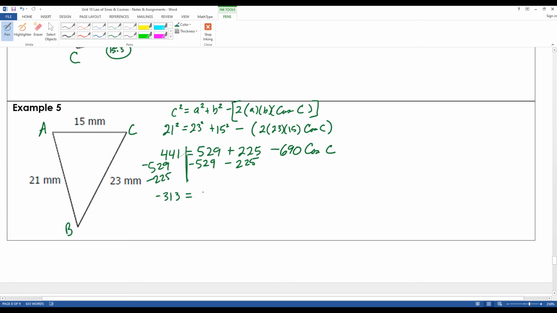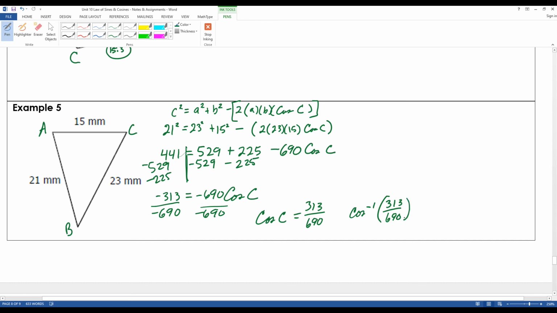And that's going to equal negative 690 times the cosine of C. We divide by the negative 690, if you remember this. So now that's going to be a positive, so I have cosine of C equals 313 over 690. And to find the angle, we do the inverse of that fraction. That's going to equal angle C.